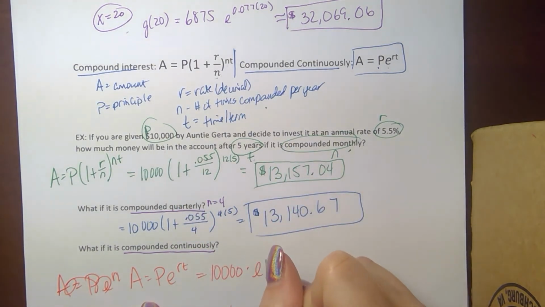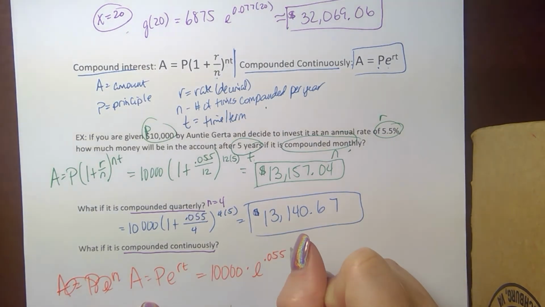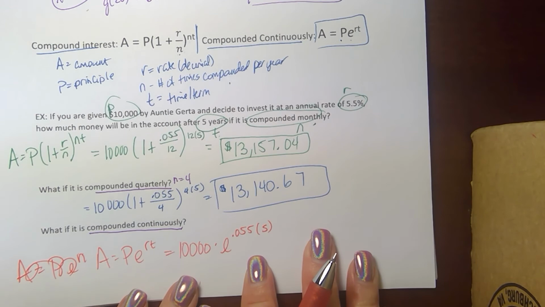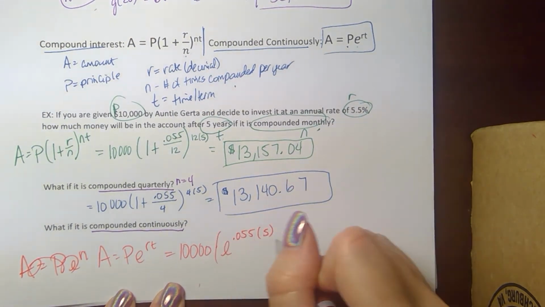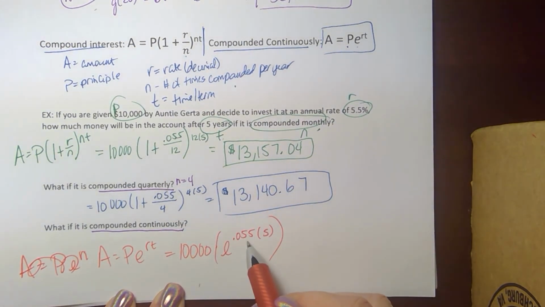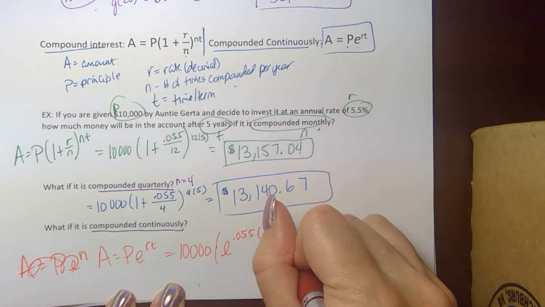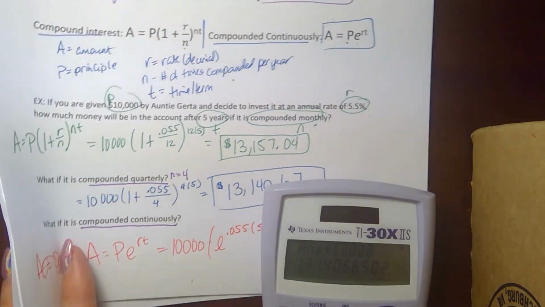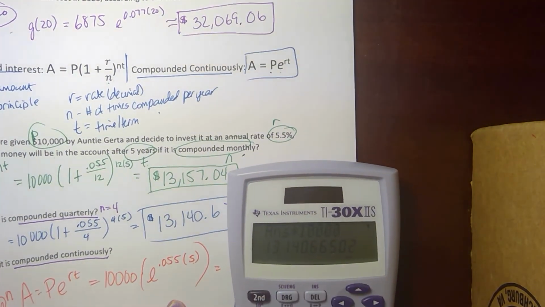Times E. R is still 0.055, and the term of the investment is still 5 years. When I plug this into my calculator, multiplying the e to the exponent first, and then I multiply that times my principal, the 10,000. I'm careful with my order of operations. I make sure that I get the correct answer out at the end.